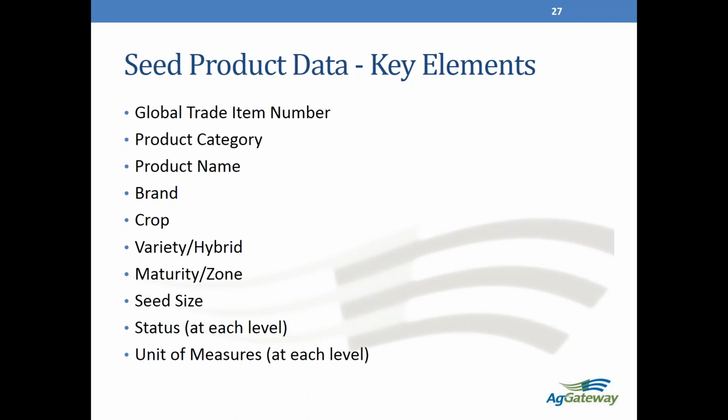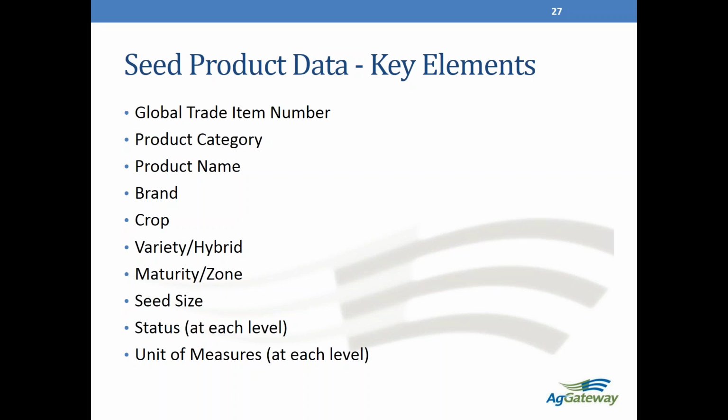Wanted to give you just a few key data elements. There's many product data elements, but here's a few from a seed perspective. You would have a global trade item number. You could have a product category. Categories are beneficial when whittling down the products you want to look at. So for a seed product, it would be seed. You could have a product name. You could have a brand name.